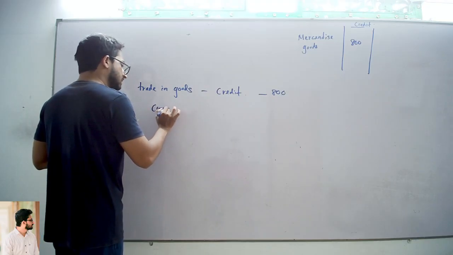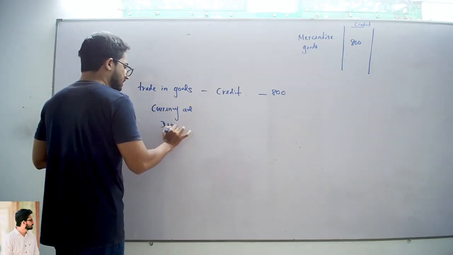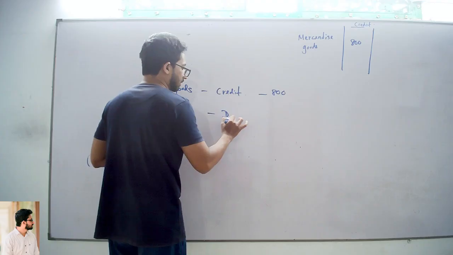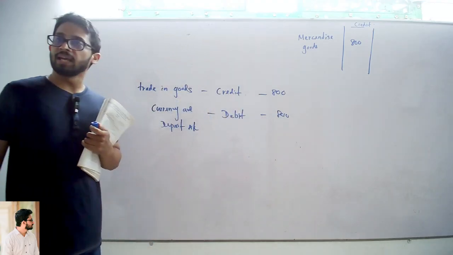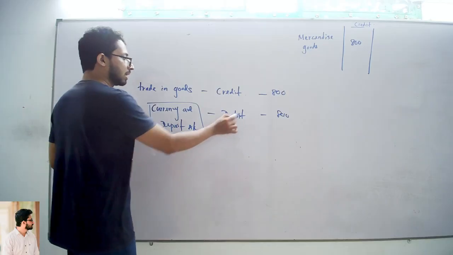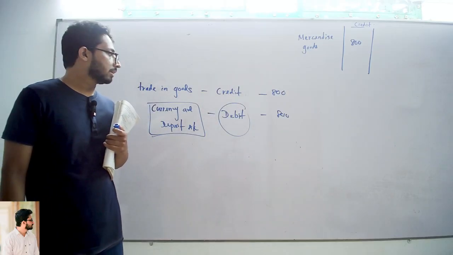Then the currency and deposit account should be debit. Debit value is 800.